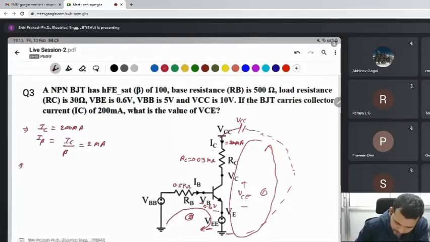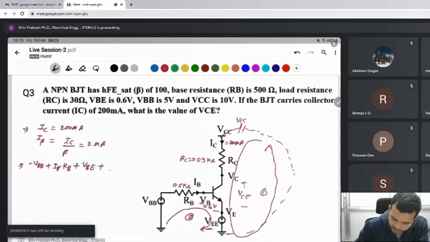Apply KVL here. Then we find minus VBB plus IB into RB plus VBE plus VE is equal to 0.